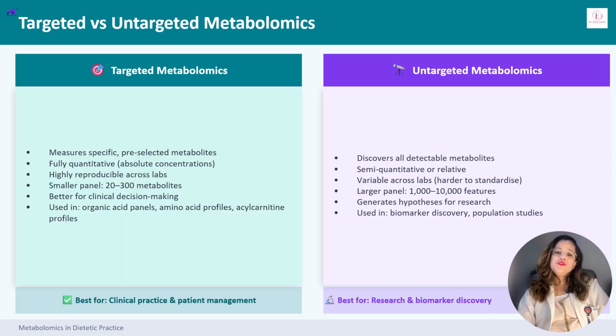What is the difference between targeted and untargeted metabolomics? This is a very important concept, because it determines what kind of report you will receive. In a targeted metabolomics report, which the clinician will mostly use, you know exactly what you are measuring, so the lab has a validated reference range.